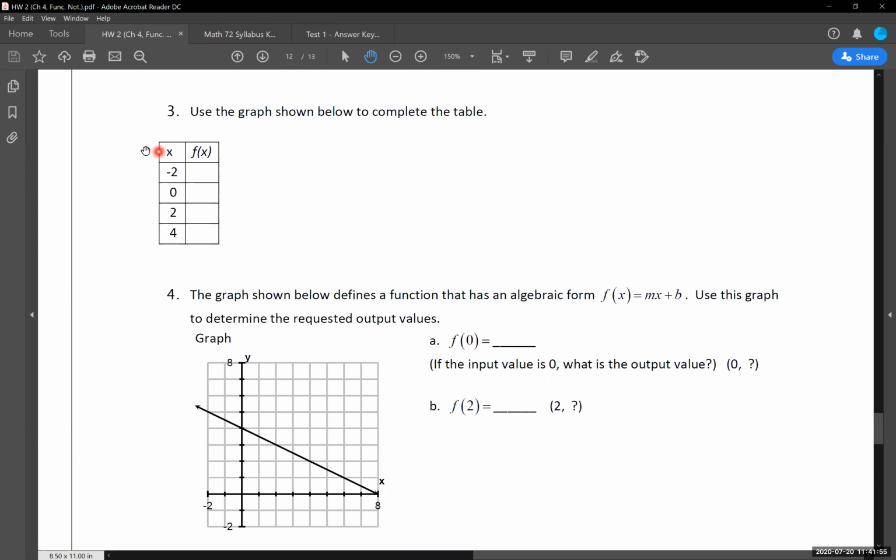Our input variable is x, our output variable is f of x. We have not been given any kind of equation for this, but we are told to use the graph below to complete the table. So when x is negative 2, what is my f of x value, or what is my output value?